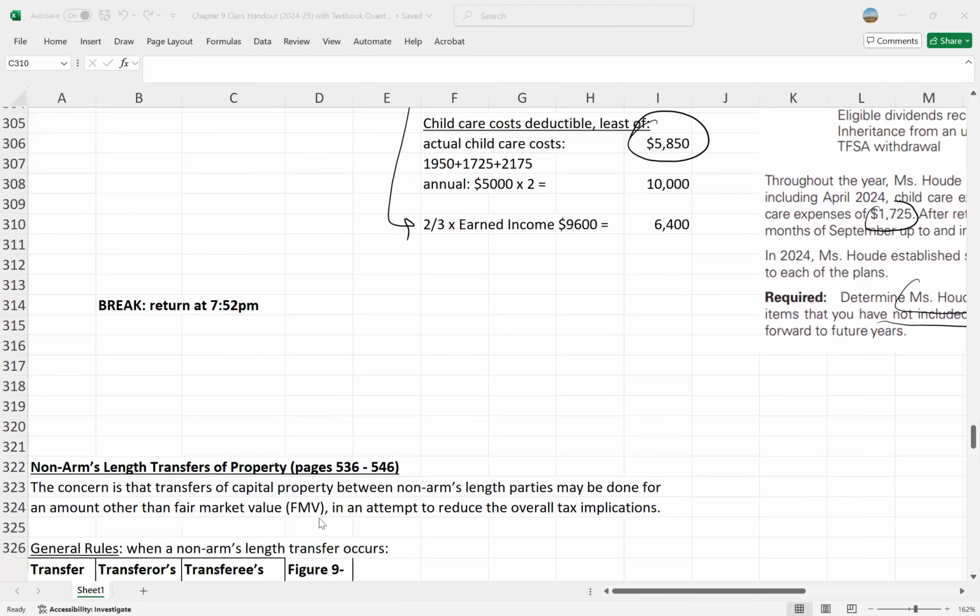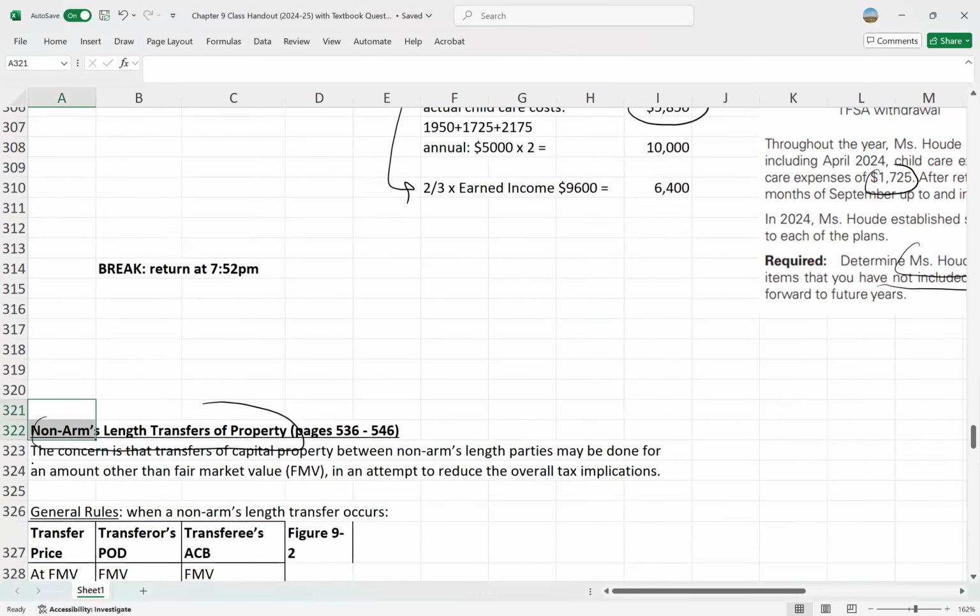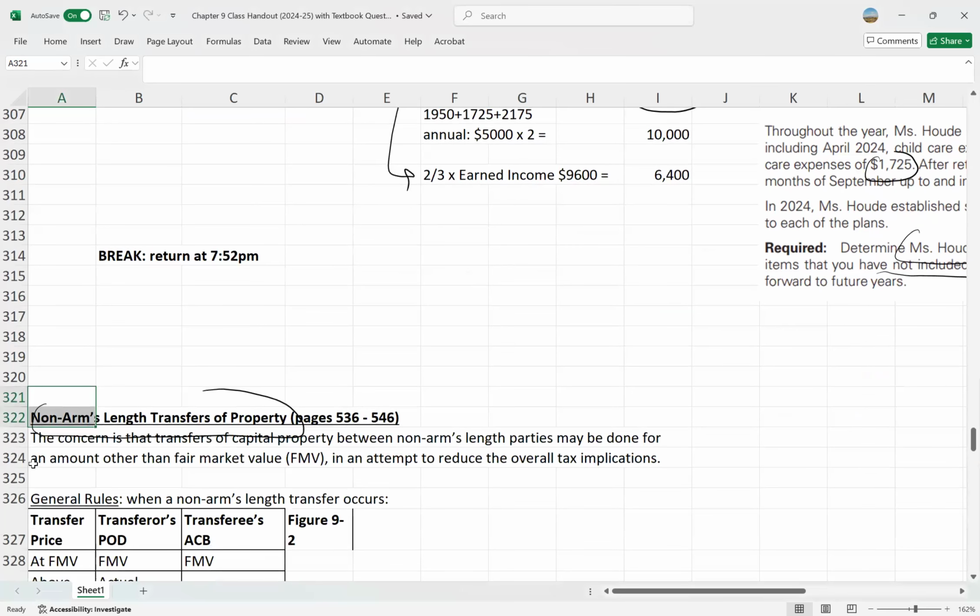Moving on to the next part of the Chapter 9 handout, we're going to talk about non-arm's length transfers of property. So what do we mean by non-arm's length? When you think about the length of your arm, if it's non-arm's length, it's not the full length of your arm, that means you're quite close to that person.